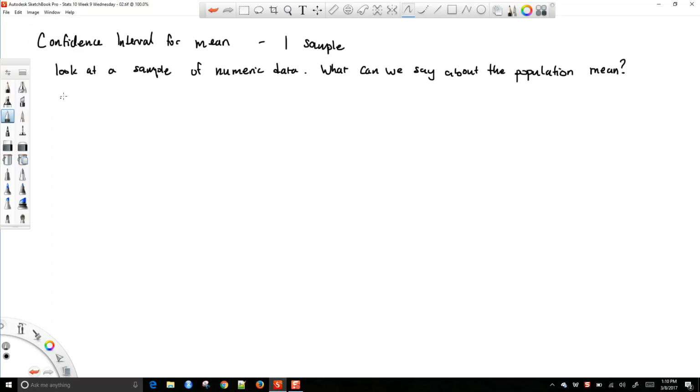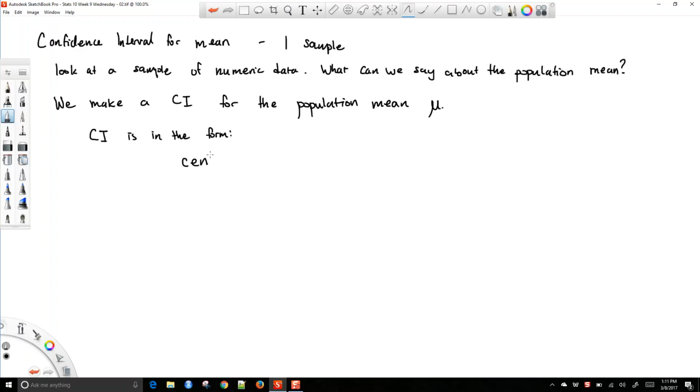So this is a confidence interval for the population mean mu. Okay. All confidence intervals are in the form of a center plus or minus a margin of error. So the confidence interval is in the form, all confidence intervals are in this form. Center plus or minus margin of error.